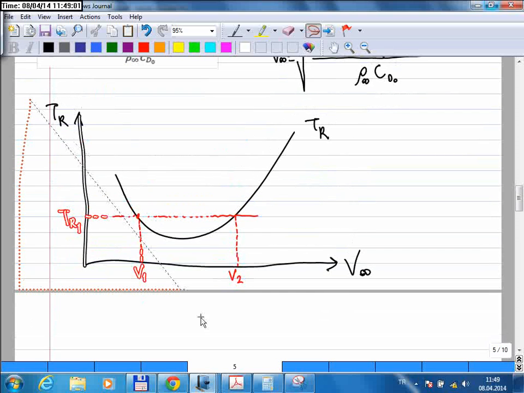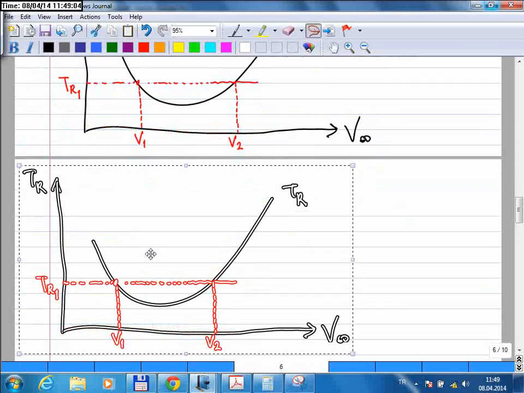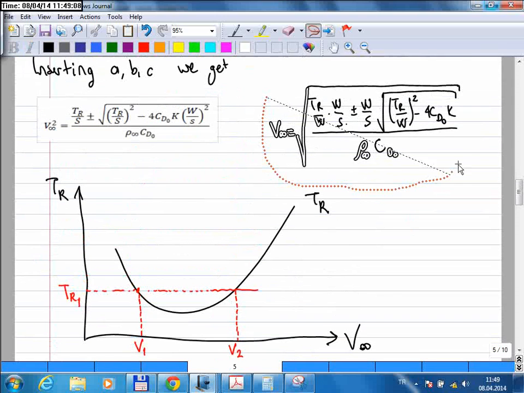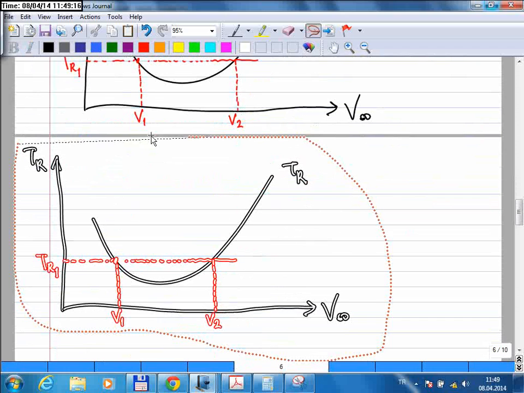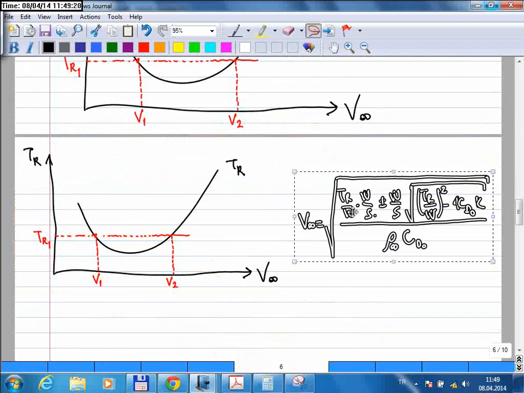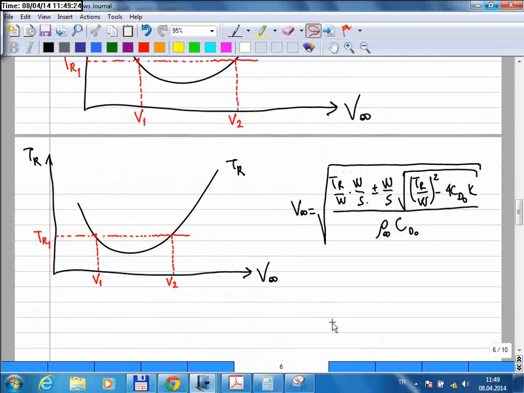So if I equate the drag force to TR1, then V1 will be given by here, which is the smaller solution.